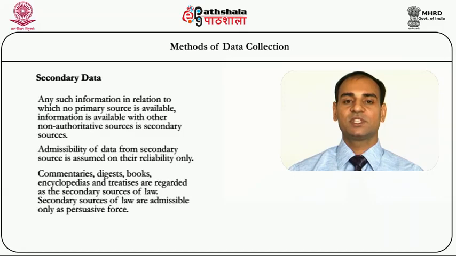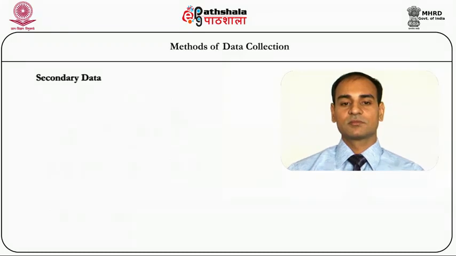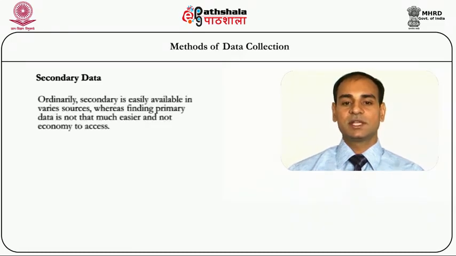Any information which is of a persuasive nature can be considered for the research, but after keen and due investigation as to its truthfulness, reliability and validity. Ordinarily, secondary sources are used where finding primary data is not easy and not economic to access.